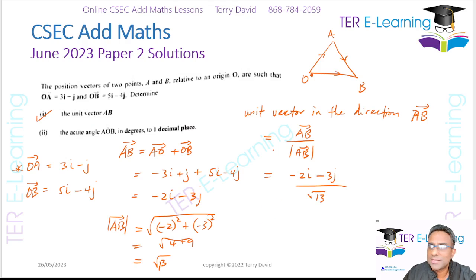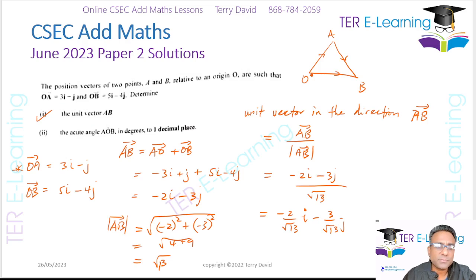You can leave your answer like that, or you can write it as minus 2 over root 13 i minus 3 over root 13 j. So that's your unit vector in that direction.